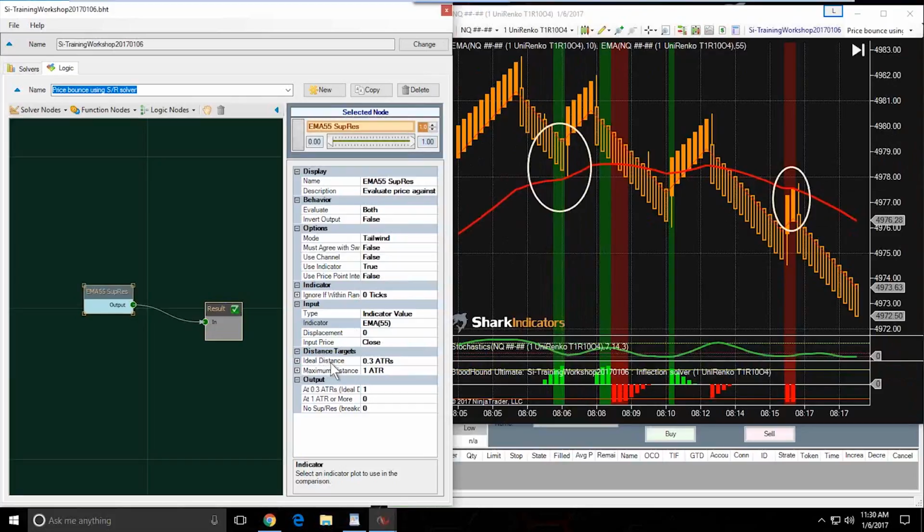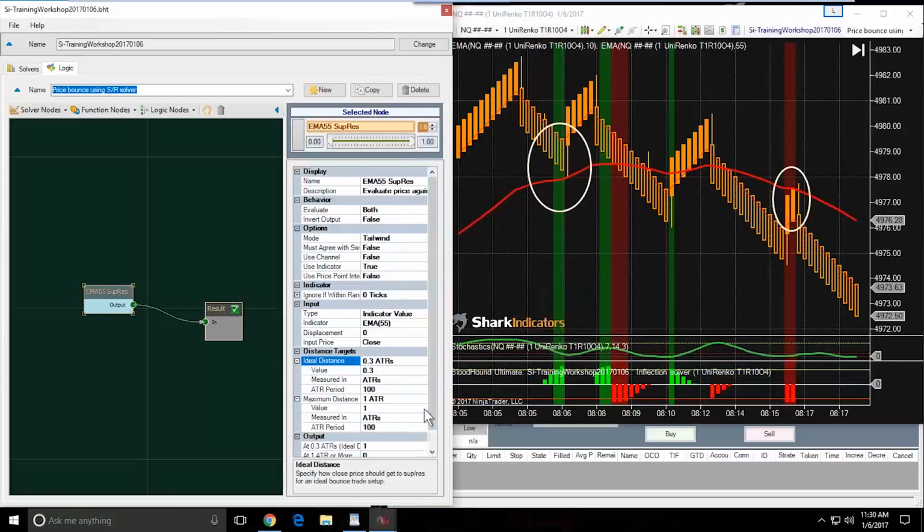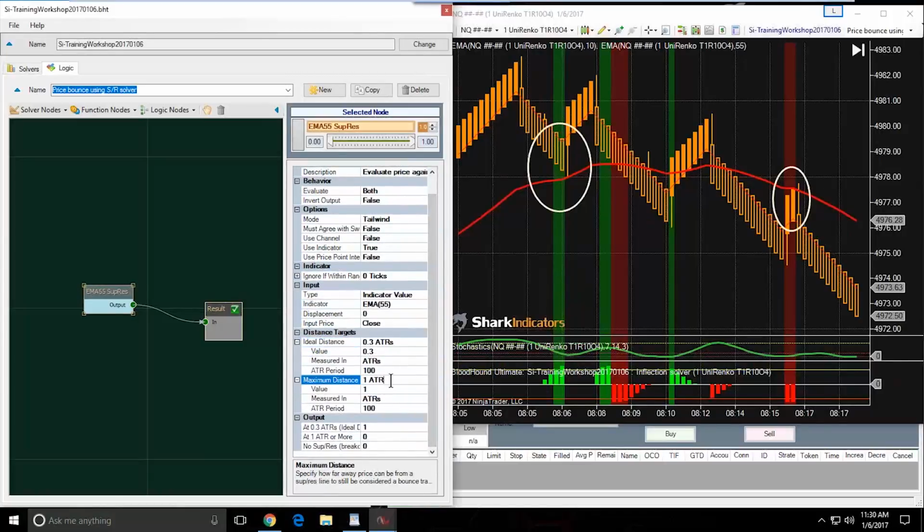So you can see we have some distance targets here, already predefined, and I'm going to change these. You notice right now it's set up to use an ATR.